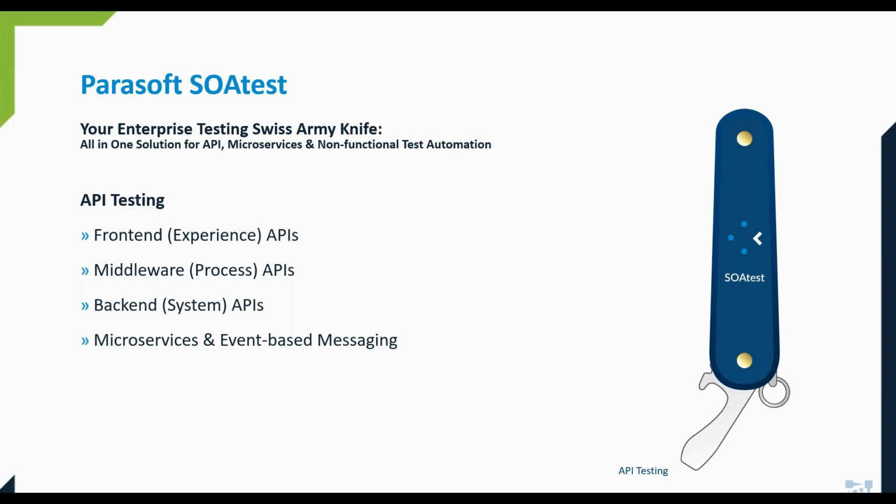It supports the testing of front-end or experience APIs, middleware APIs, and back-end APIs. And it also supports microservices and event-based messaging. SOAtest actually supports over 120 message formats and protocols, enabling it to support a vast and wide range of use cases and tech stacks, which is perfect for scaling across an enterprise.